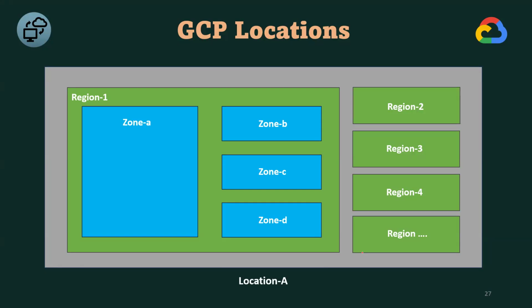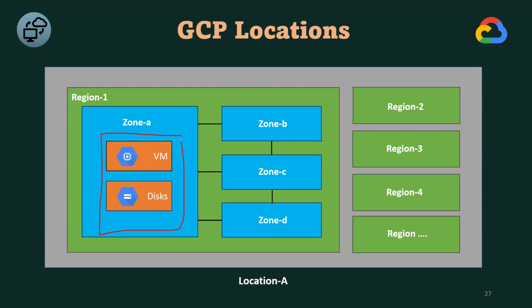As I told you, each region and zone has resources, and each zone is connected to one more zone. Zones have the resources. That means in each zone, you will have a data center. Assume that this is a data center. This is what we call a data center.